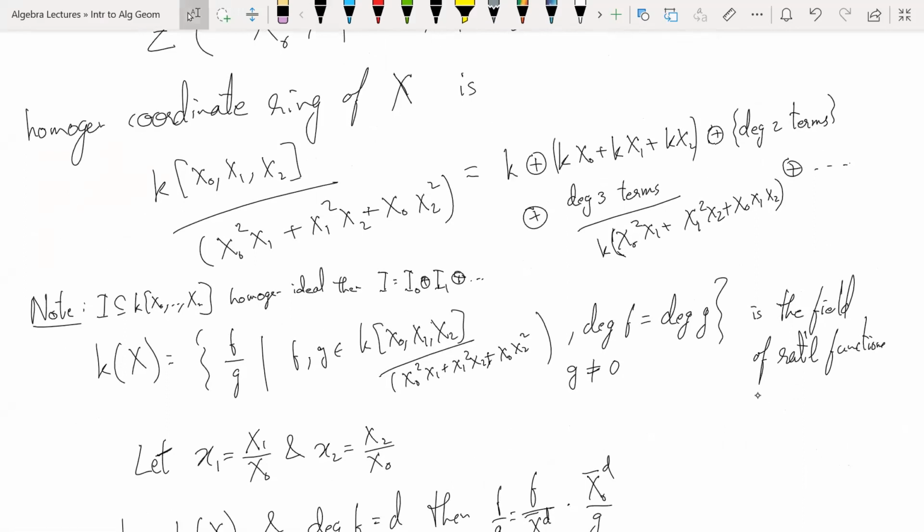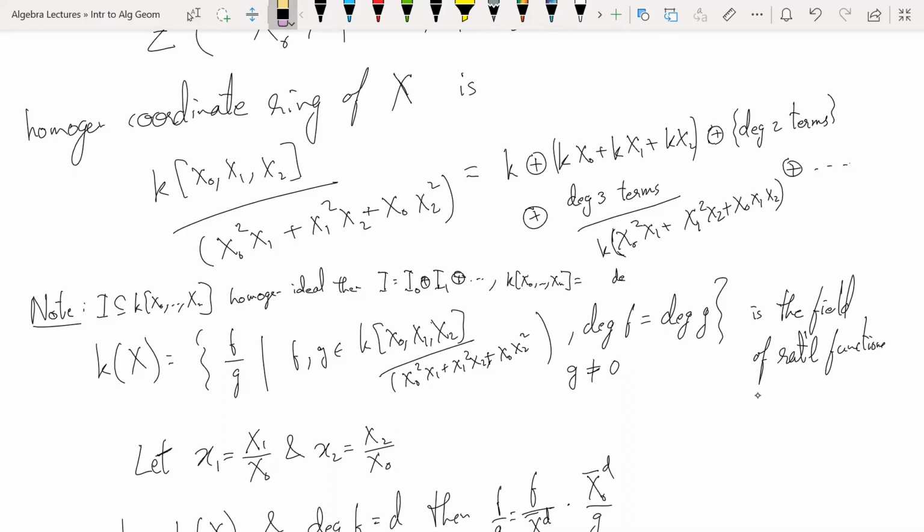So R is k[x_0, ..., x_n], and of course k[x_0, ..., x_n] you can also write as k plus the degree one pieces and so on.